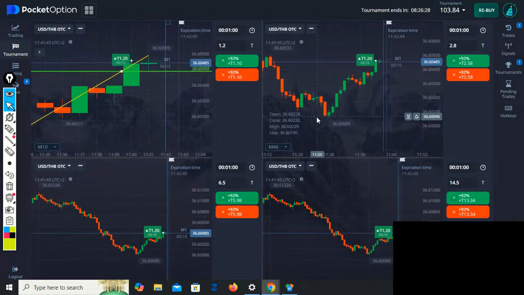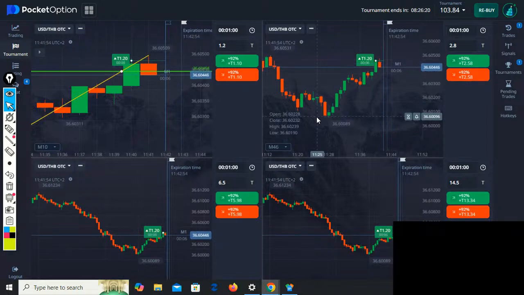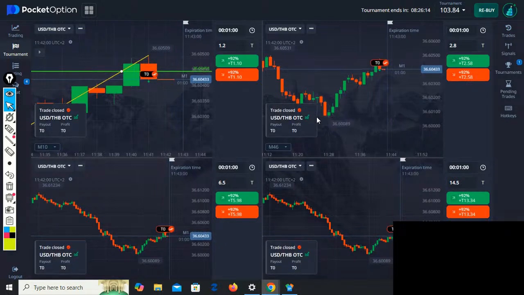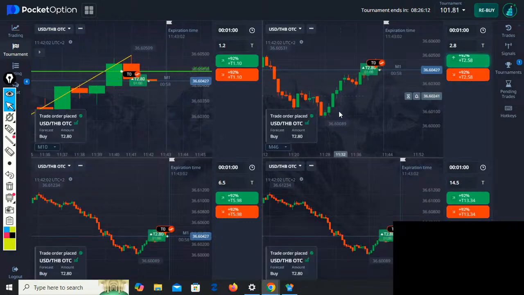Sarwar Ali says, I trade on 5 martingale with risk of 61 USD. Sarwar, that's a bit risky. That's a bit too much. You are doubling a lot. Now, can I ask you what is your balance? So we lost this one. We take a buy here.